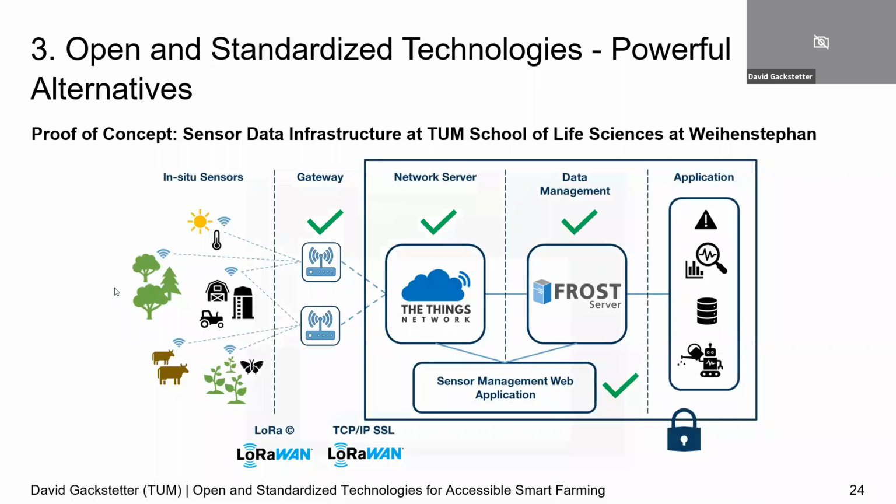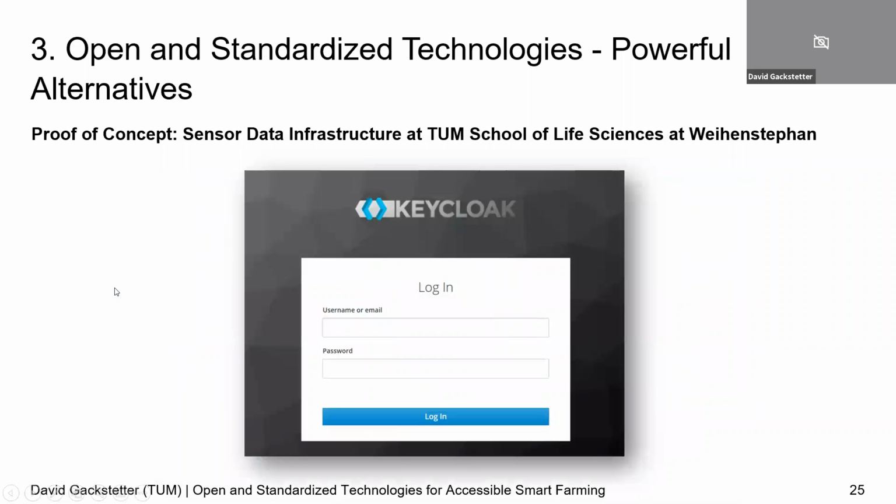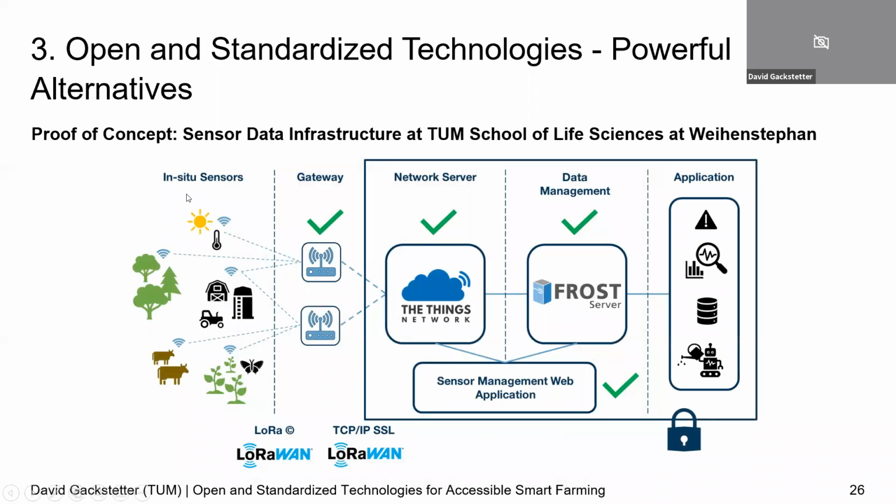And one of our final steps was to implement Keycloak and finally to protect the FROST server properly. Because if this step weren't implemented, of course, a user would not like to use it if it's sensitive data.